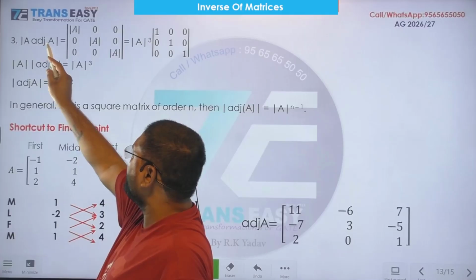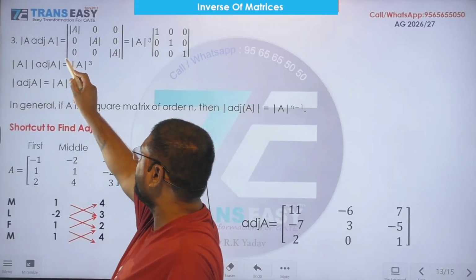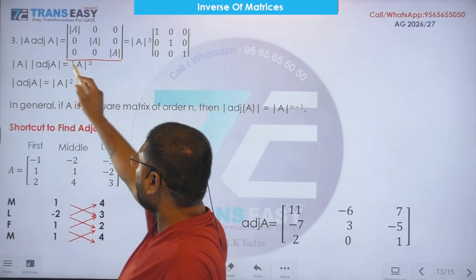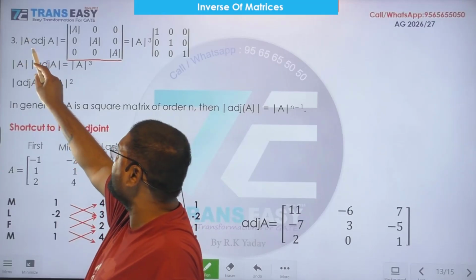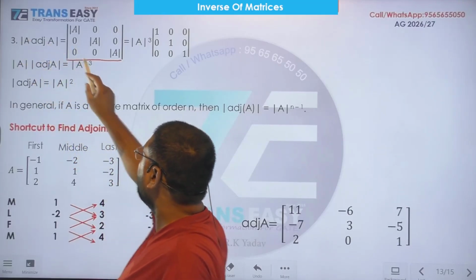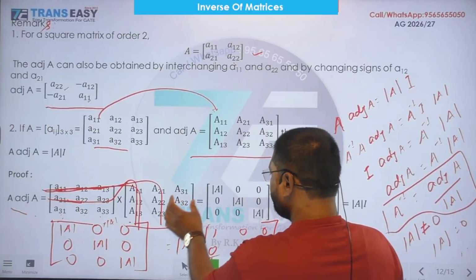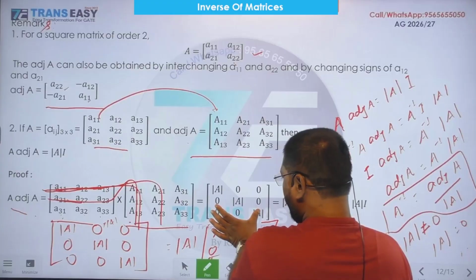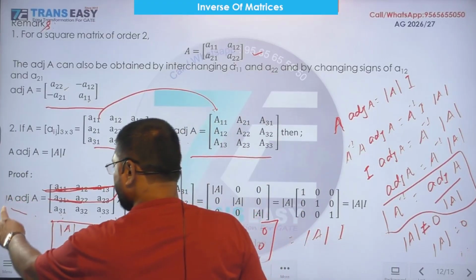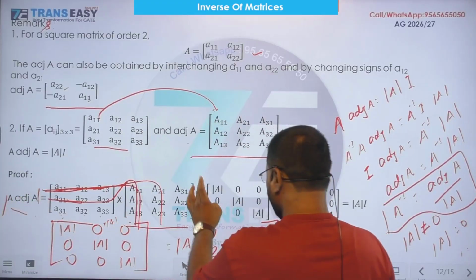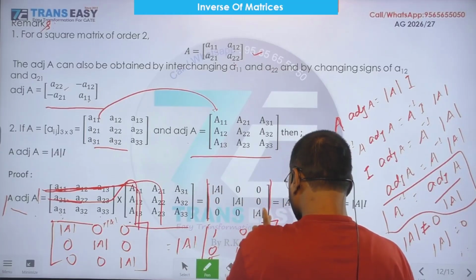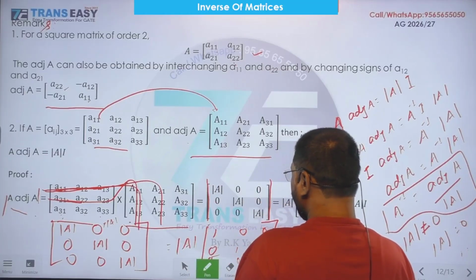A into adjoint A, already we have seen like this, and its determinant value. A into adjoint A is this matrix and we are going to find its determinant value. So this is replaced by determinant, right?